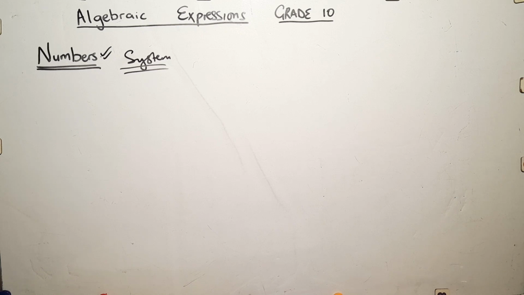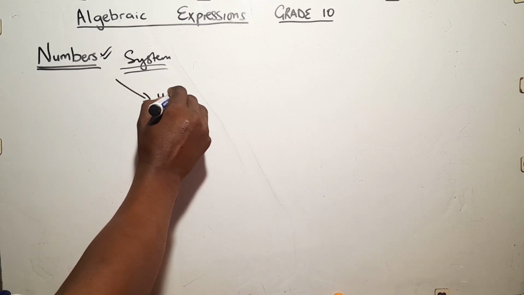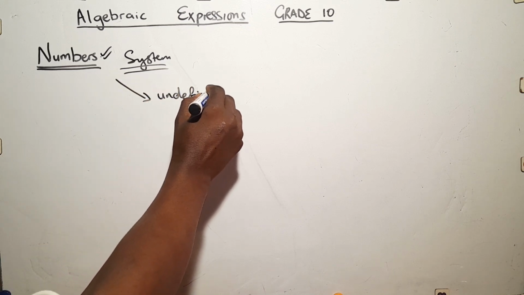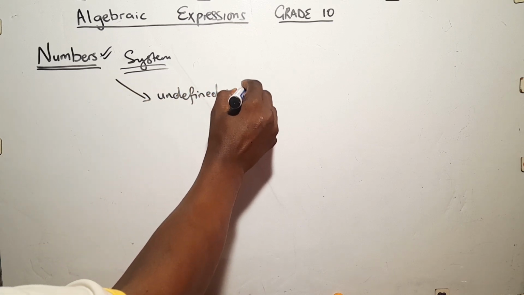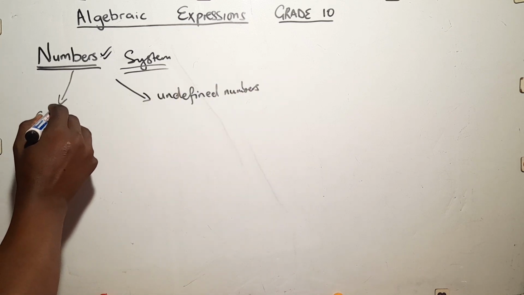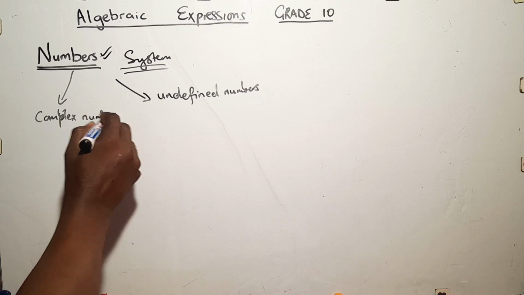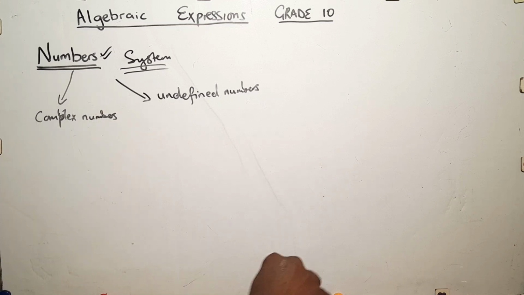Number systems are divided into two groups. We have undefined numbers and we also have complex numbers. Undefined numbers are numbers that we don't have answers to.